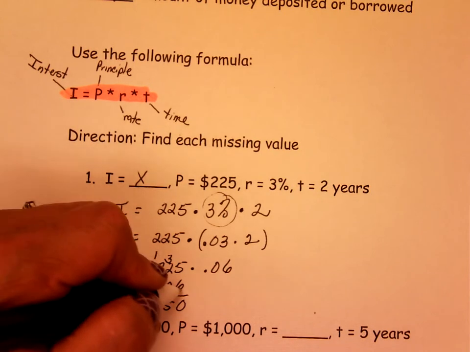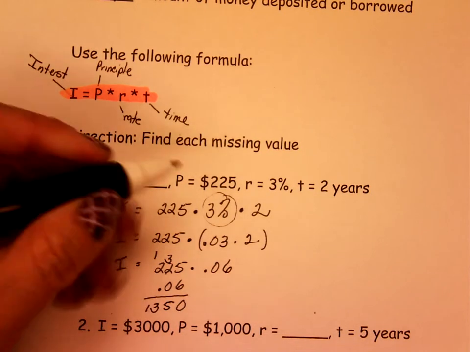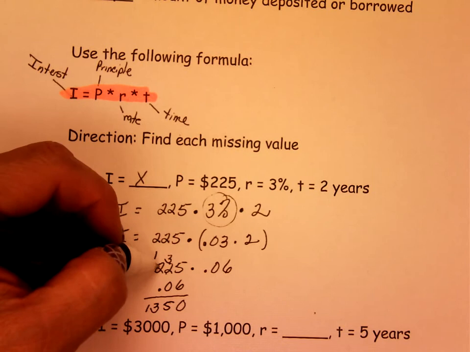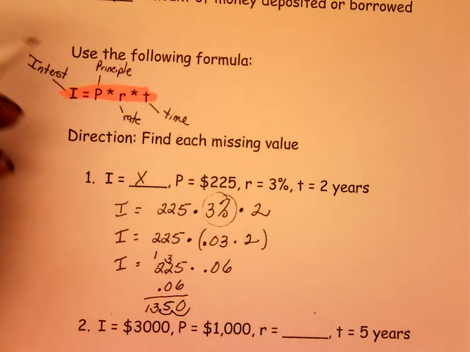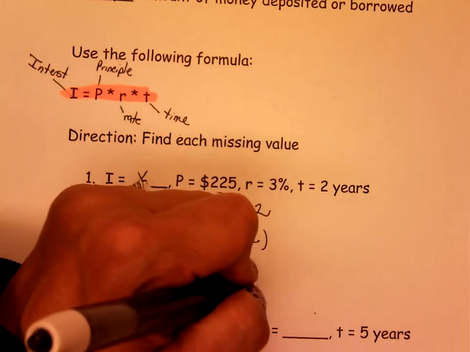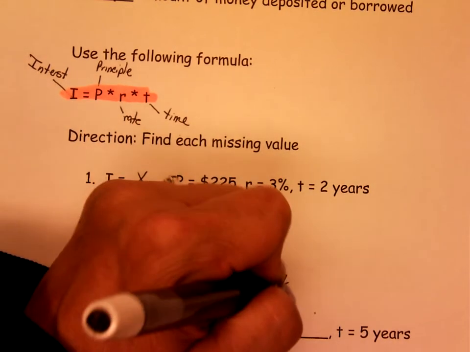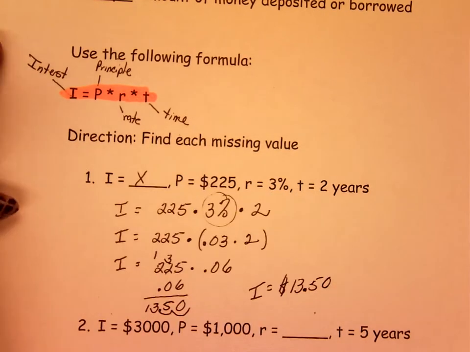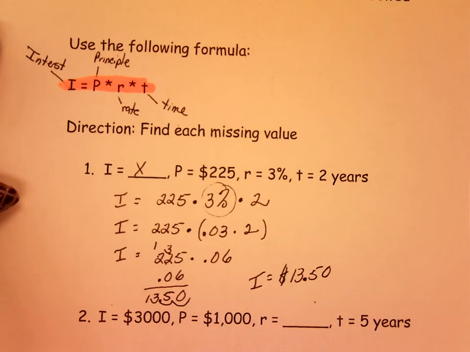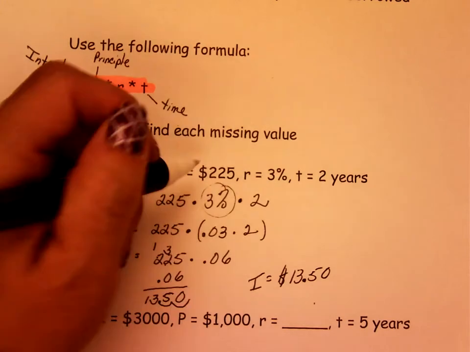Carry the 1. 12 is 13. There is no decimal here, the decimal moves twice, so I can move total twice. So the interest is equal to $13.50. In 2 years, you're going to have an extra $13.50 in your account.